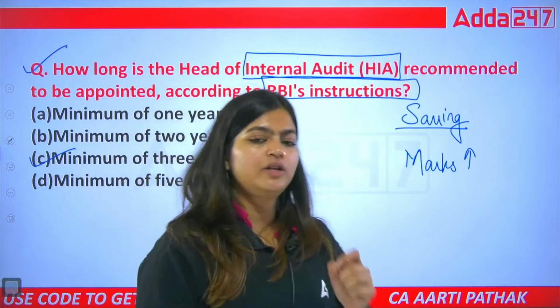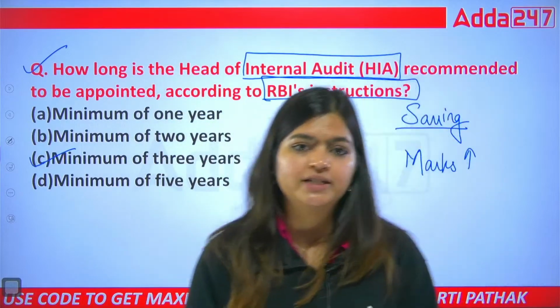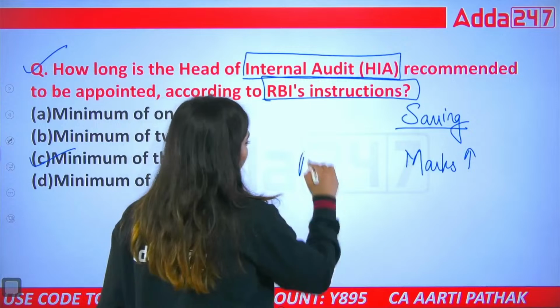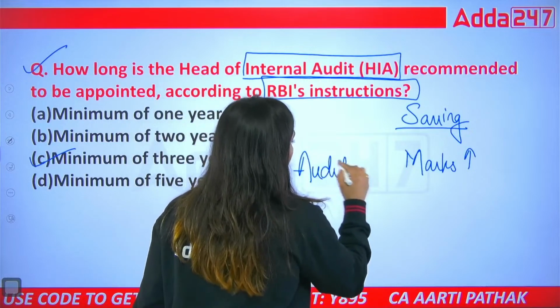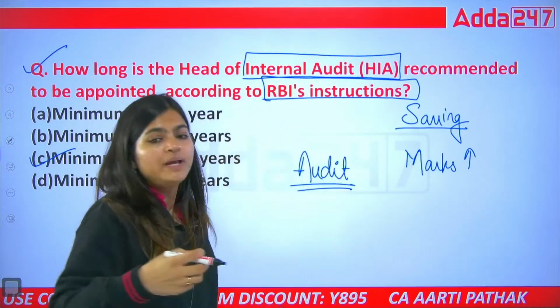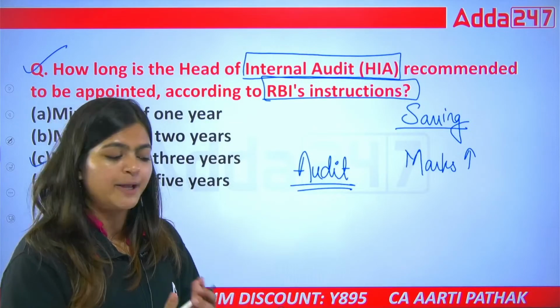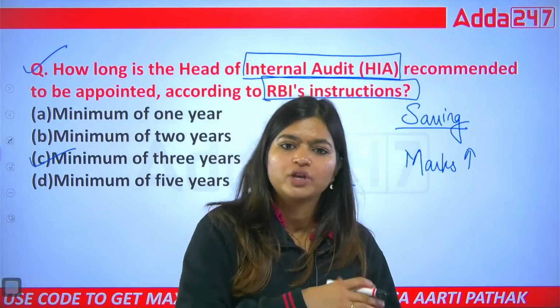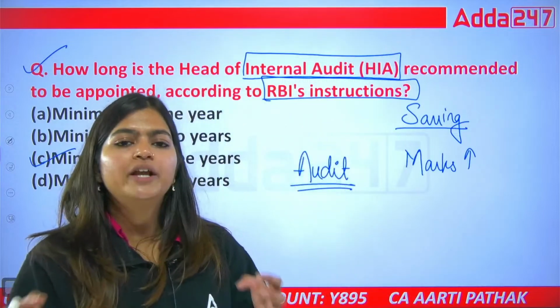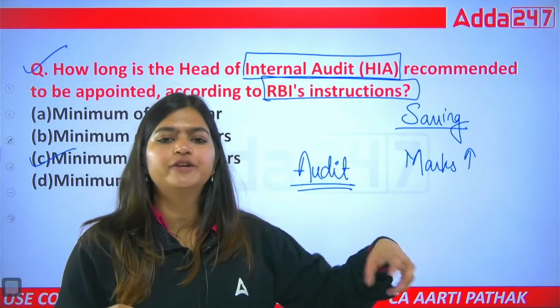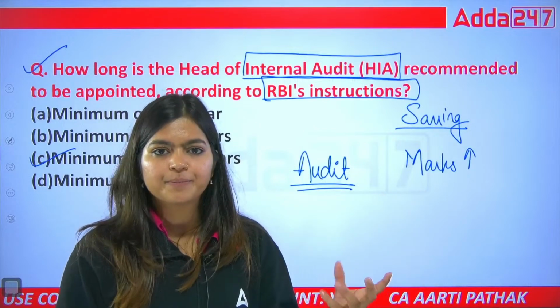We have one particular unit in which we talk about the audit. Okay? Audit means checking of your financials by your own appointed persons, your own appointed employees, or by external parties. Okay? If you are checking for the full year, that is statutory audit. Okay?